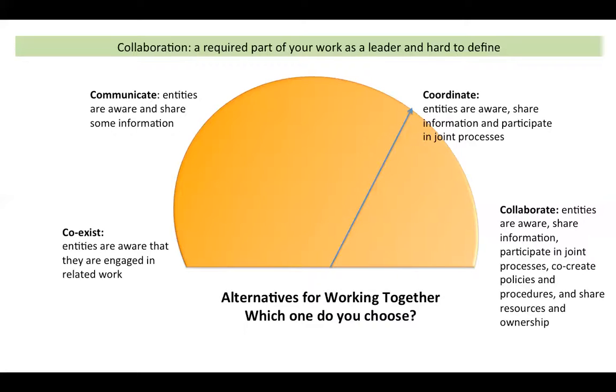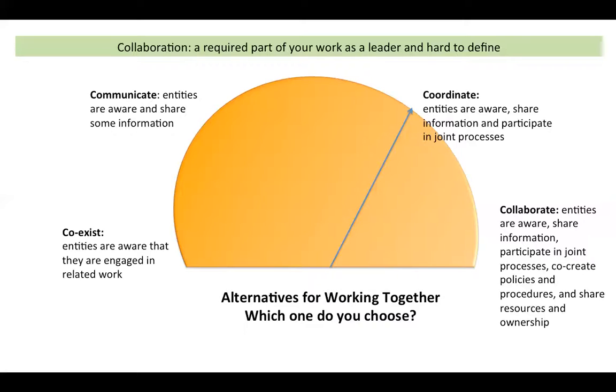You're going to want to work with a lot of different agencies, and you'll need to figure out, okay, can we just communicate? That means we're entities that are aware and we share some information. We know we're all working towards this goal, and we may meet once a year and share the results of the piece of this particular puzzle that we're working on.